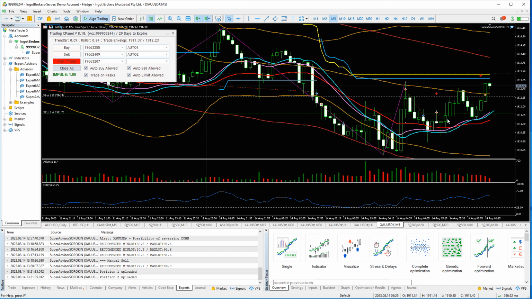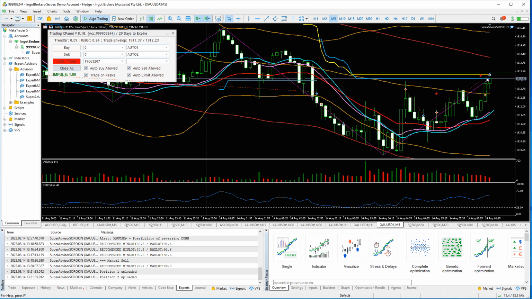The key logic is analyzing the price, analyzing its volatility, whether we have a trend or no trend, and also analyzing where the price is between all indicators.